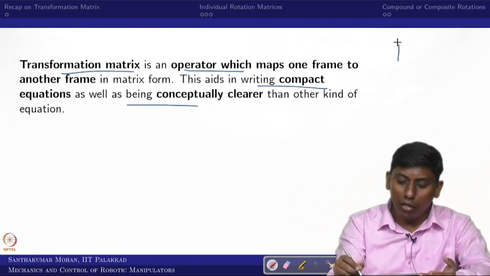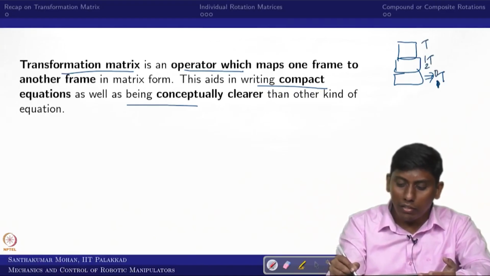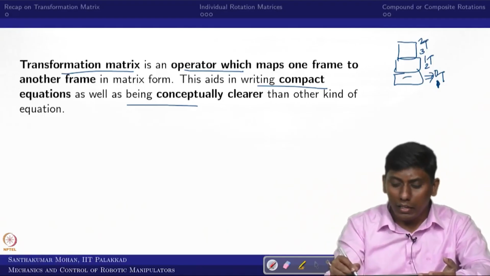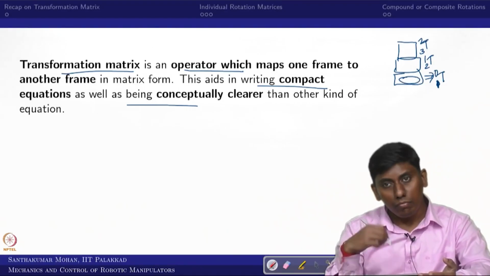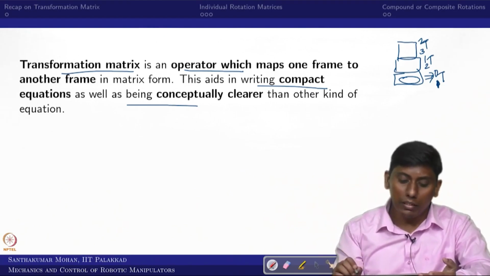In the sense that you can relate one body to another body, like stacking, where each box is represented as a transformation matrix. For example, this is the transformation matrix of 1 with respect to 0, this is 2 with respect to 1, and this is 3 with respect to 2. Like that you can keep stacking, and inside this you have both rotational and positional information. This is what we did.